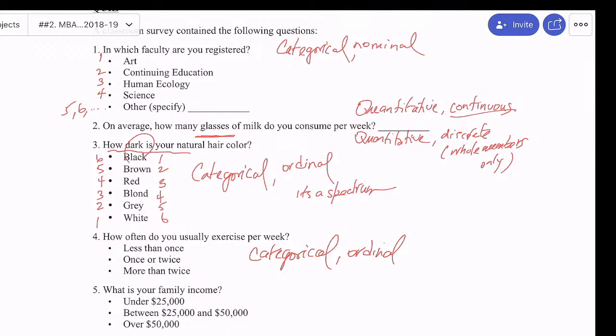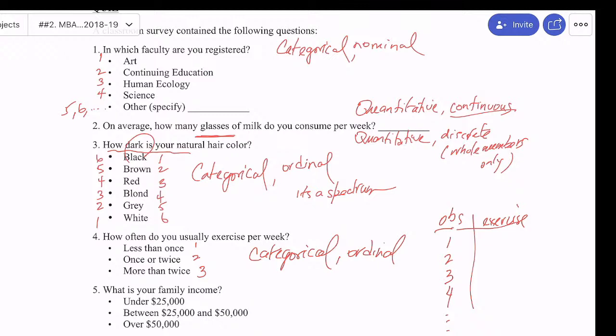If I was to take data, so if I asked a number of people, so you think about observations, so here's my values in Excel, I have my observations, and then I have how much they exercise, and let's say I assign this one 1, this one 2, and this one 3.